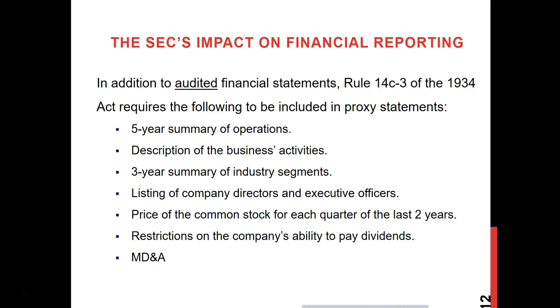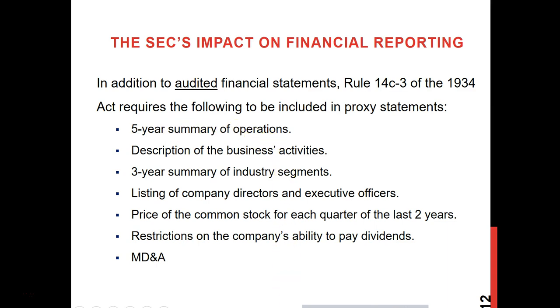In addition to the audited financial statements, there is one rule, SEC's Rule 14C3 of the 1934 Act, that requires all public companies to disclose some other information in their proxy statements. This information includes a 5-year summary of operations, where they should mention their sales, assets, income from continuing operations, and cash dividends. So companies need to provide a 5-year summary.